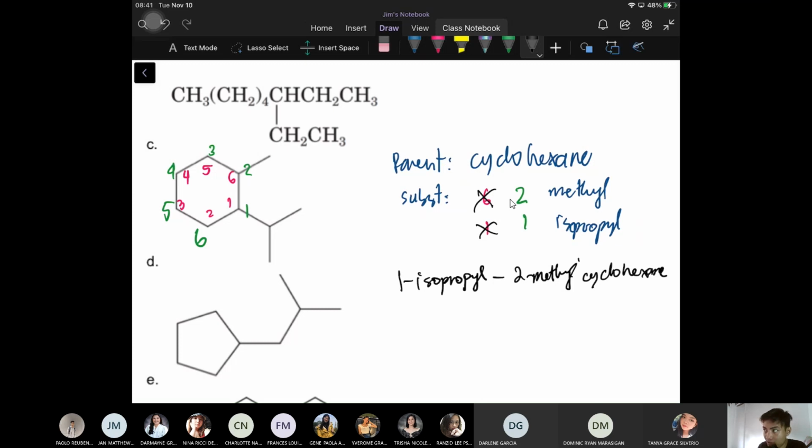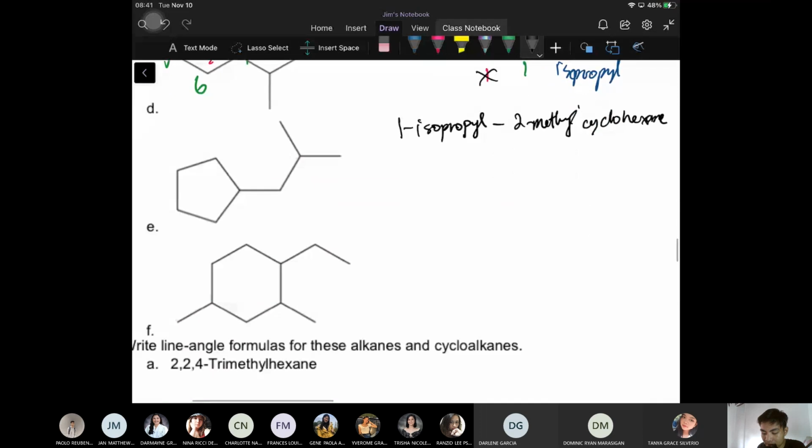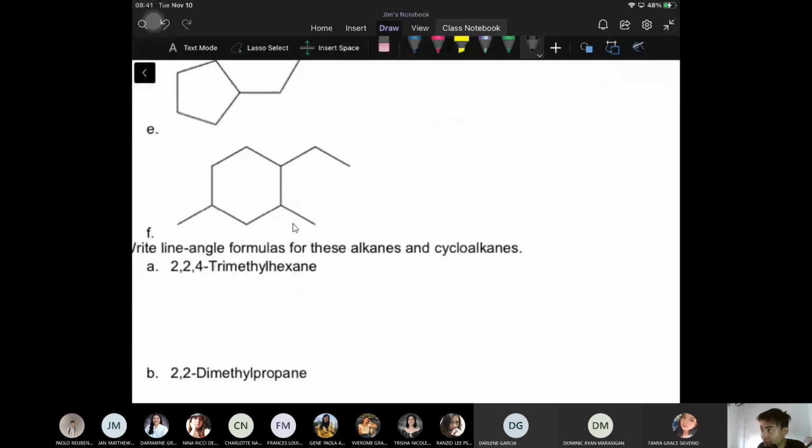Again, the numbering of substituents must follow the alphabetization. Okay? So, keep that in mind. Now, this one is letter F. For letter F, that will be cyclohexane.